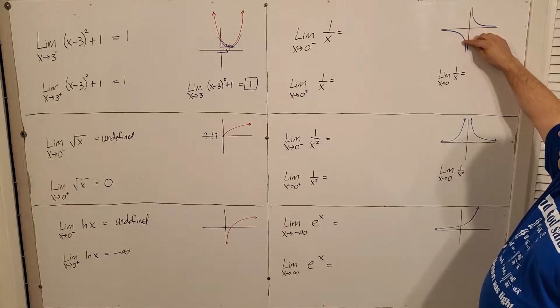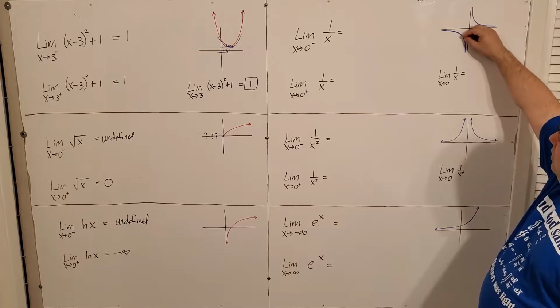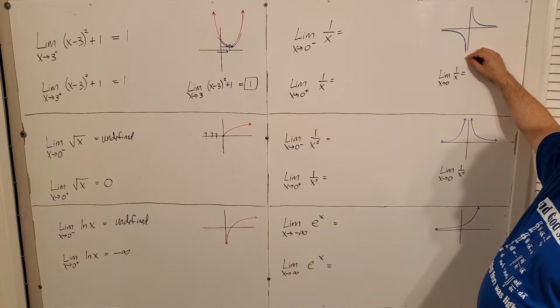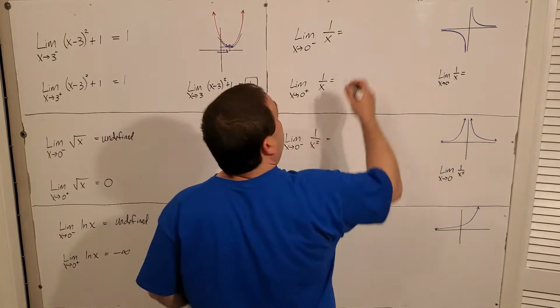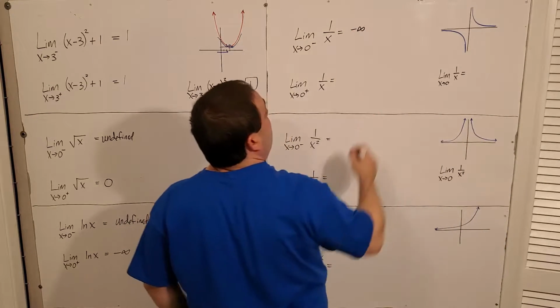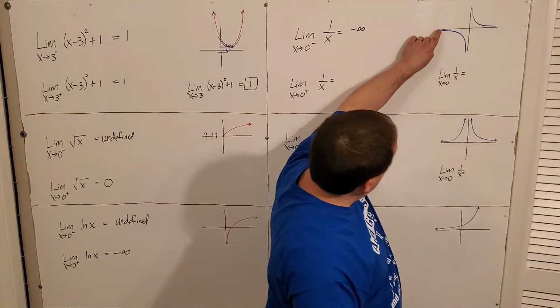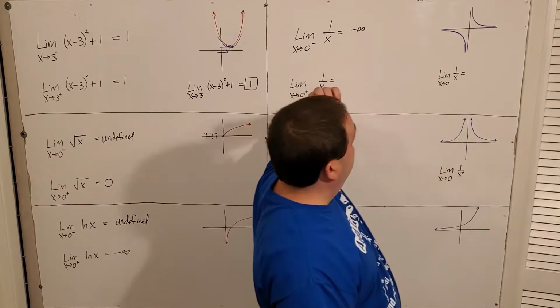Yeah, so my point is, the closer I get to 0, the more this is going to drop on the left-hand side. From the left, this limit goes to negative infinity, as you can see in the graph here.